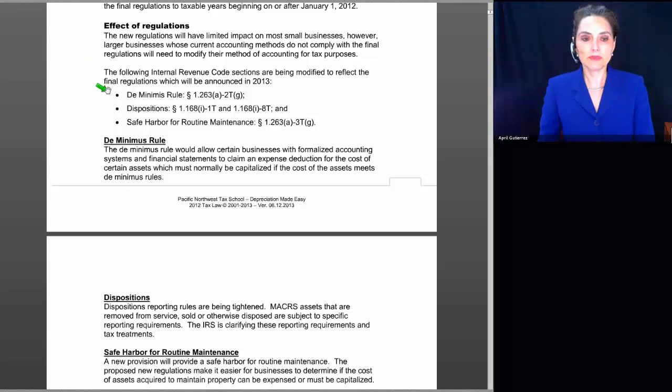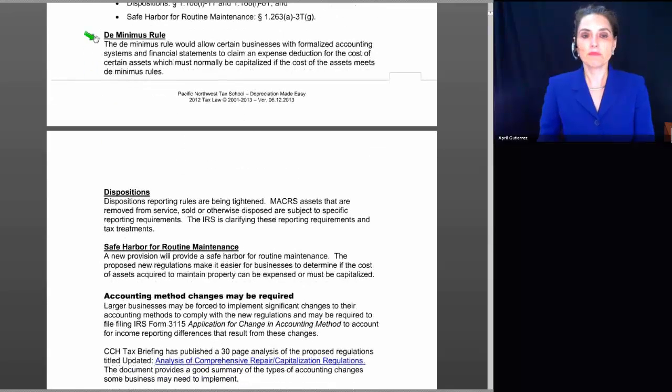They include the de minimis rule, dispositions, and the safe harbor for routine maintenance. The de minimis rule would allow certain businesses with formalized accounting systems and financial statements to claim an expense deduction for the cost of certain assets, which must normally be capitalized, if the cost of the assets meets the de minimis rules.